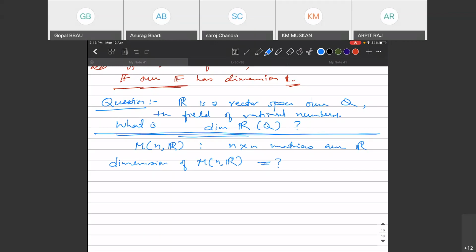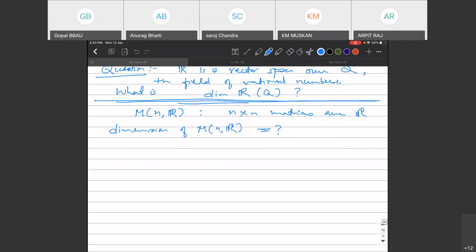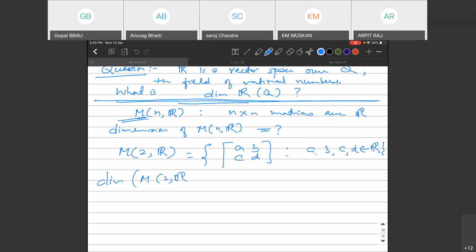ओके, सो ये थोड़ा बड़ा हो गया तो हम एक काम करते हैं, M2R ले लेते हैं, ठीक है। M2R में क्या है? M2R is the matrices A, B, C, D, where A, B, C, D are real numbers. Then find the dimension of M2R.